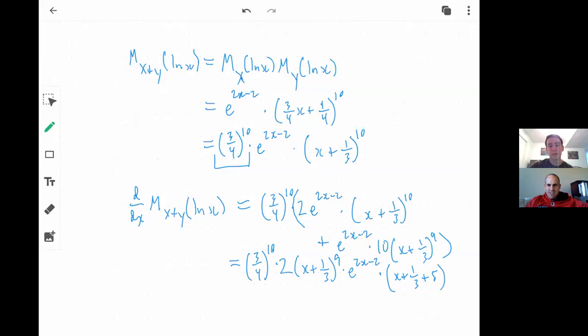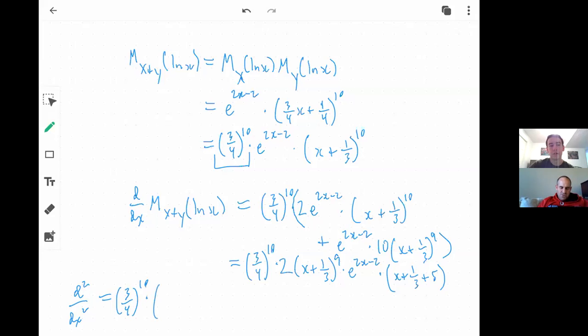We're going to take the second derivative of that disaster. That's sort of annoying, but then we'd want to take the second derivative of that, and okay, let's just do it. What's that going to be equal to? 3/4 to the 10th times 2.